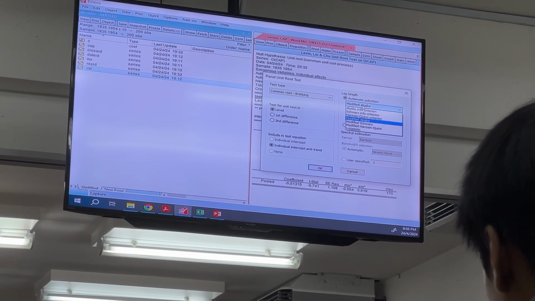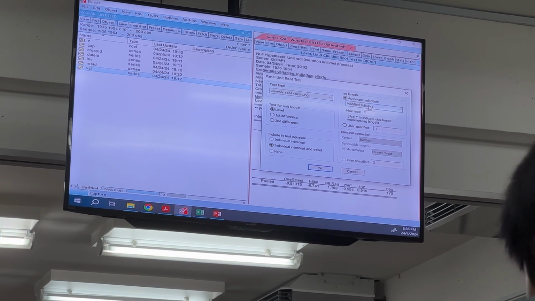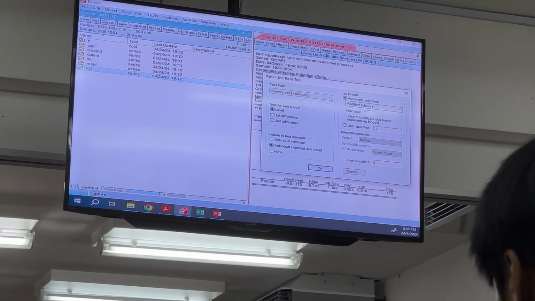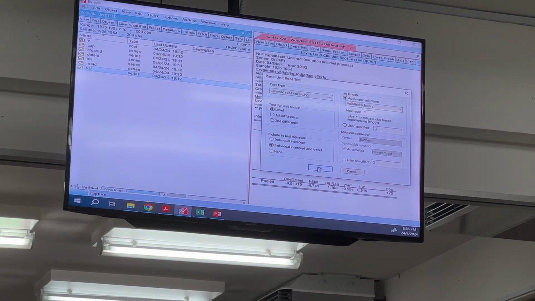Or why I want to use the modified SIC: because of my short sample, I use a modified version to accommodate the limitation of the conventional SIC. So I leave it to you to discover.